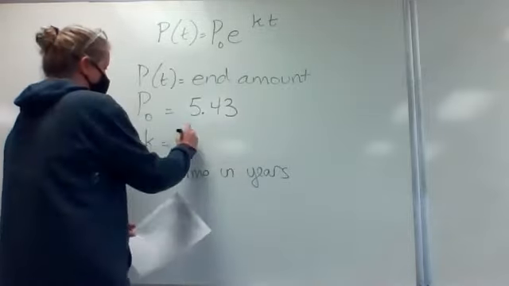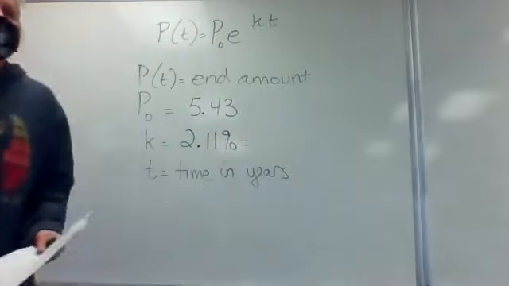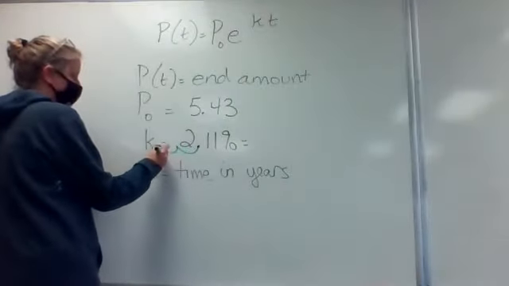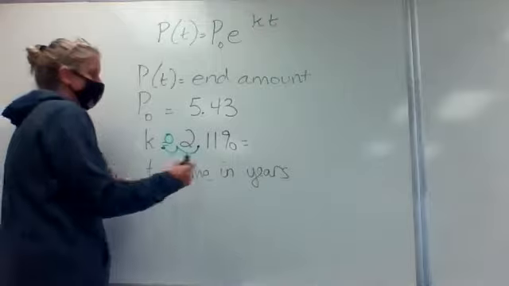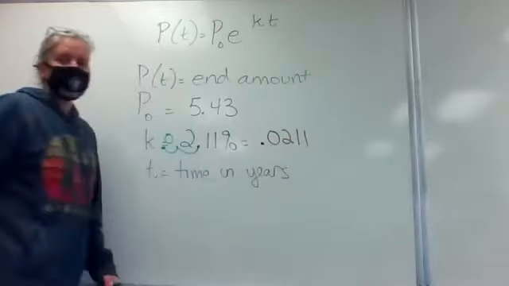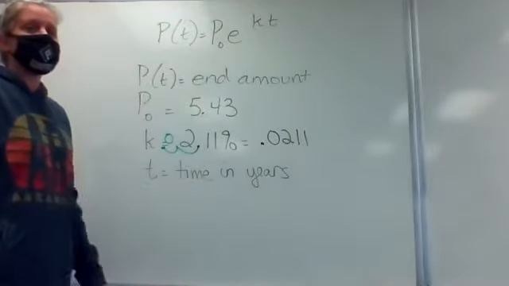And the rate was 2.11%. Now remember, you need to write that in decimal form. So you're going to move the decimal 2 places to the left. So in decimal form, that'll be 0.0211. So let's rewrite this, filling in what we know.